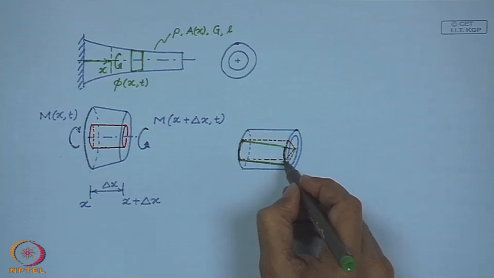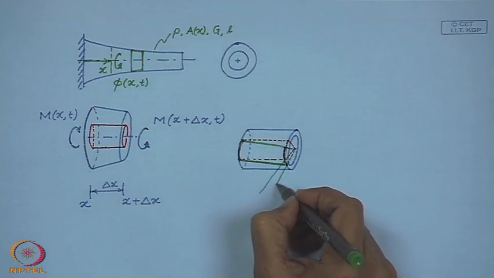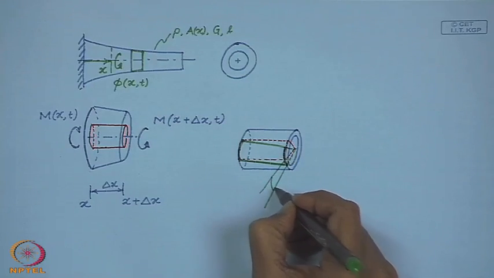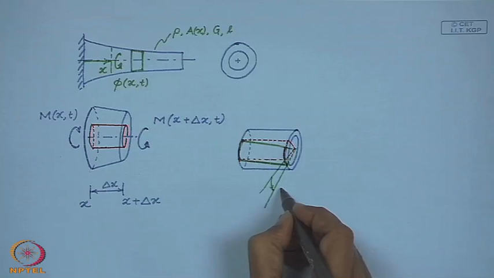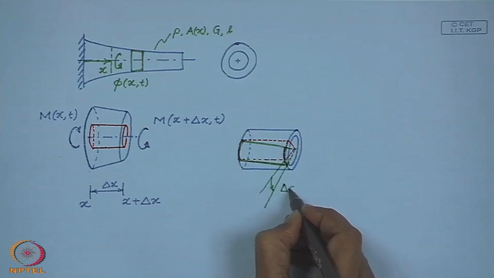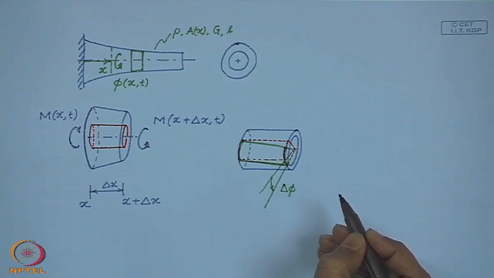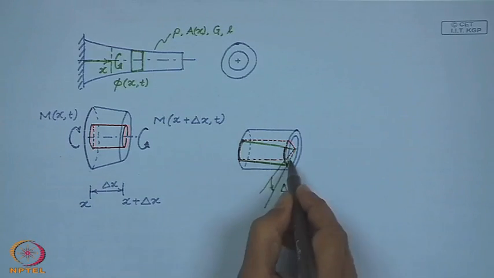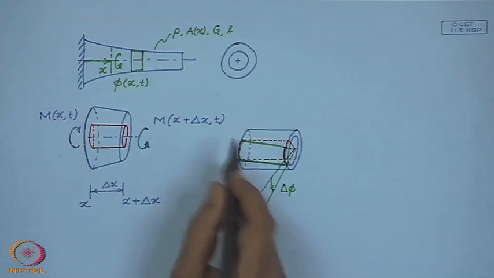So, if you look at this angle, that is the small differential rotation between the left face and the right face.